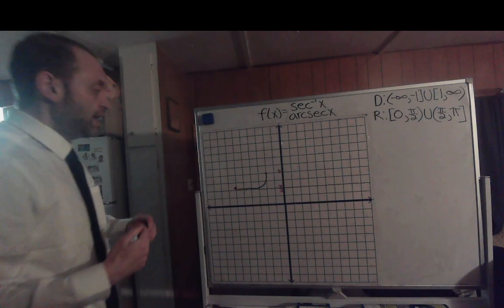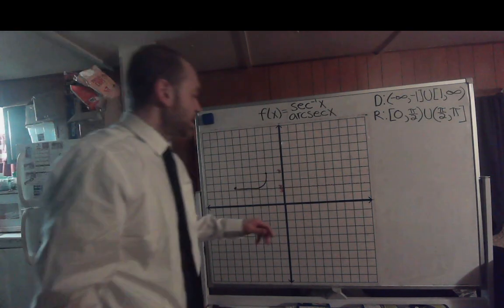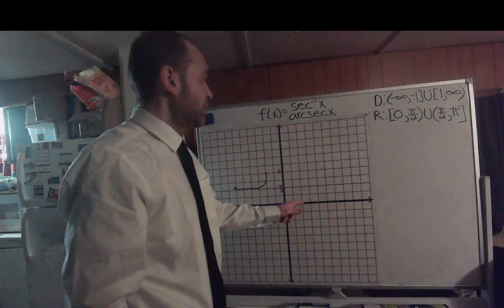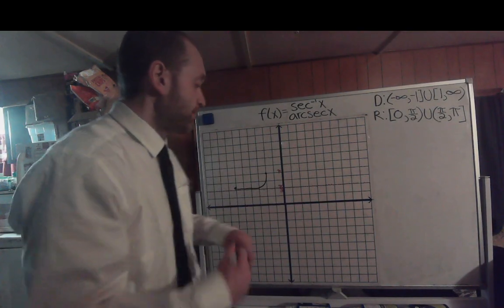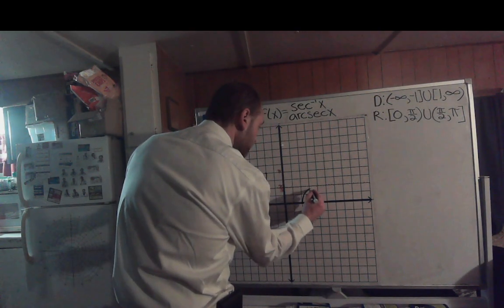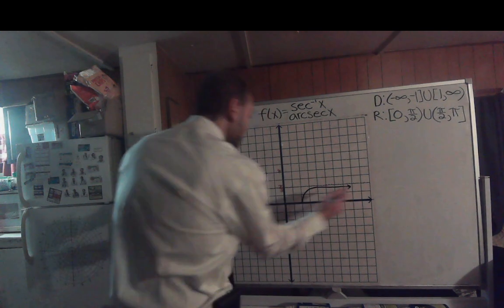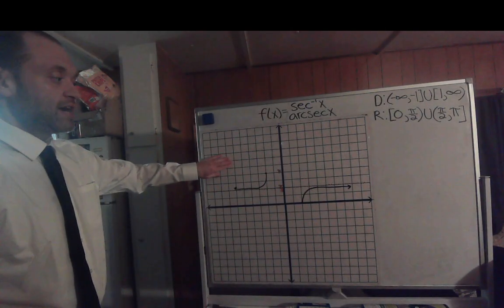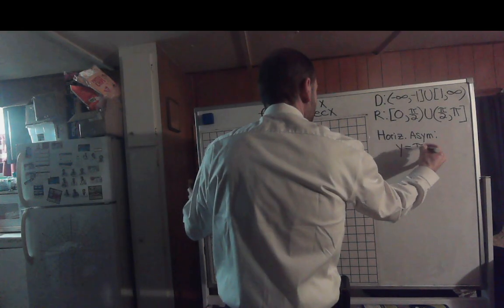Now, if I put in positive 1, I'll get a y value of 0. And then if I go to the right towards infinity, I'll get infinitely closer and closer to y equals pi over 2 without actually reaching it. So there's going to be my graph of the secant inverse function. And of course I should list that I have a horizontal asymptote at y equals pi over 2.